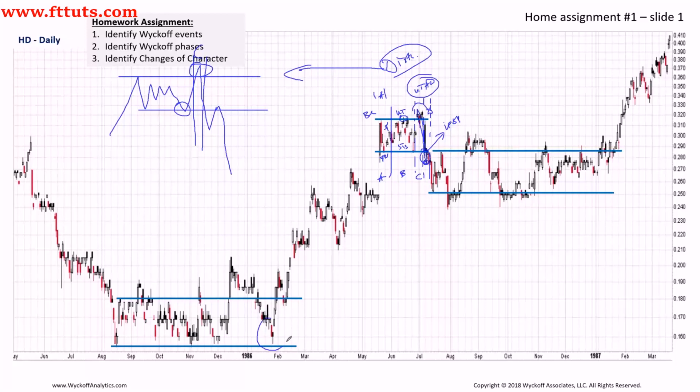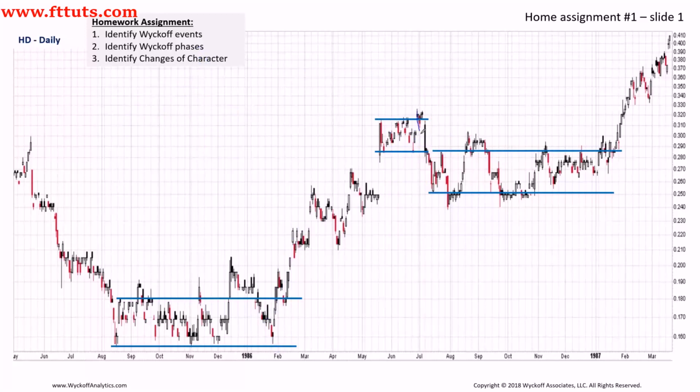Think about phase C low in accumulation and the move to the upside. The opposite of that, to the downside. Sign of weakness? Yeah, sign of weakness. It's a little bit condensed here, but here it is: sign of weakness, LPSY, and then off we go to the downside.